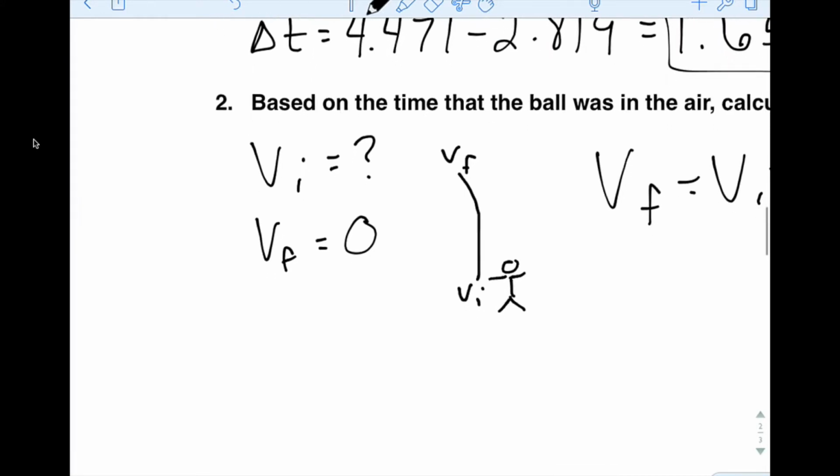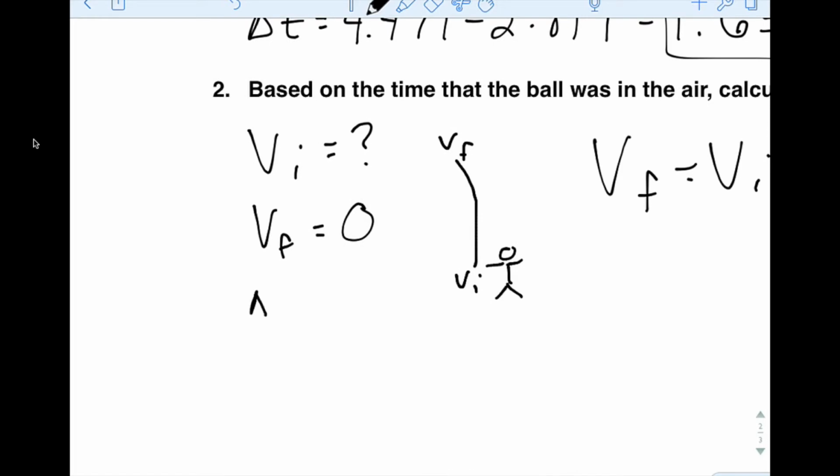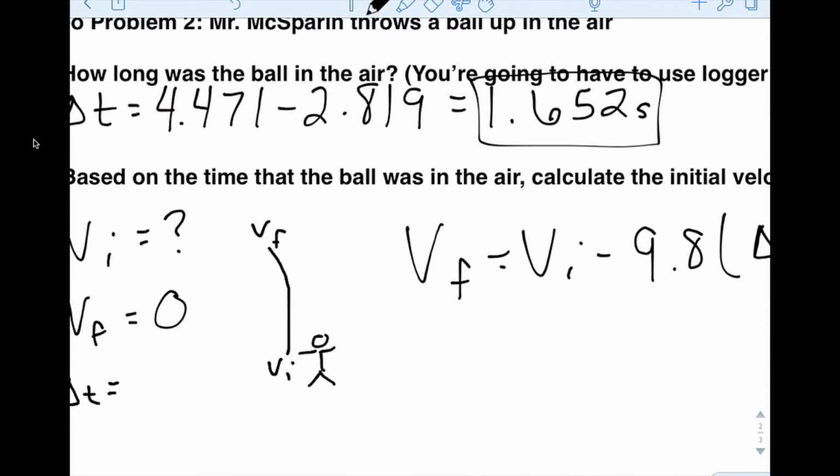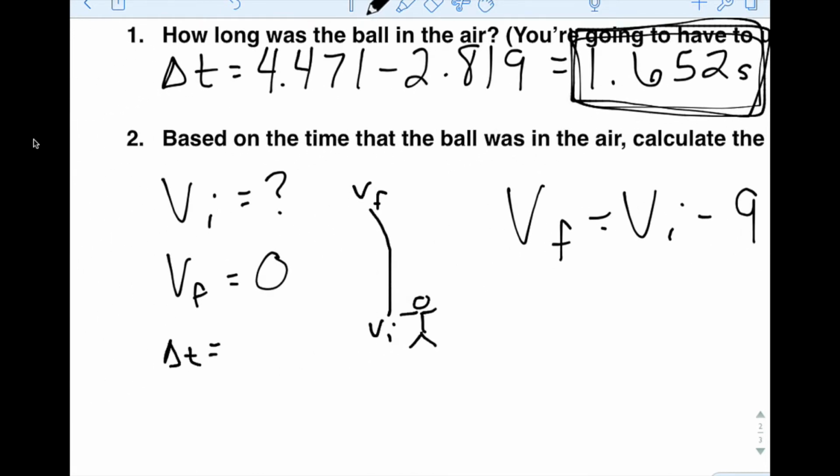But the other thing that's important here is that delta t is not 1.652. The reason is that 1.652 was the time for all the way up and all the way back down. I'm only talking about half of that, so I've got to go 1.652 divided by 2.